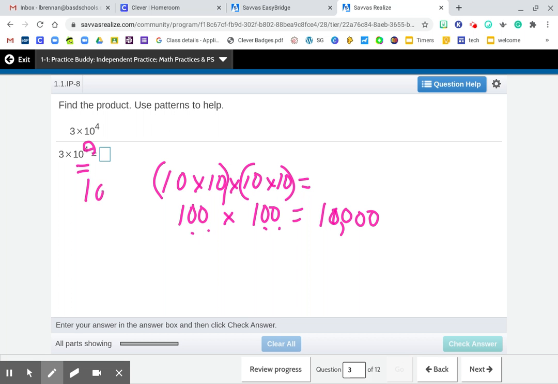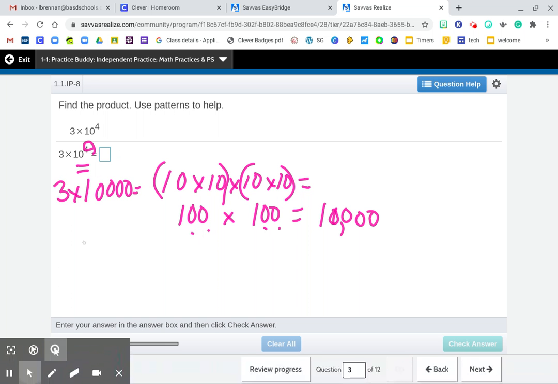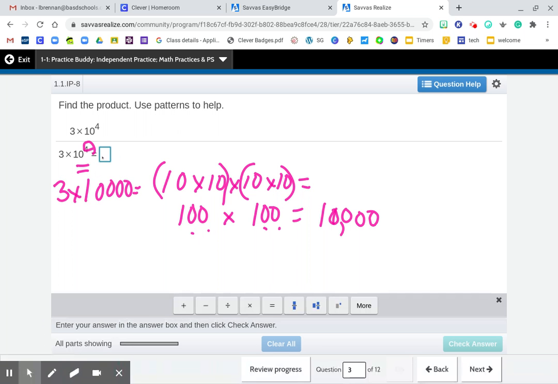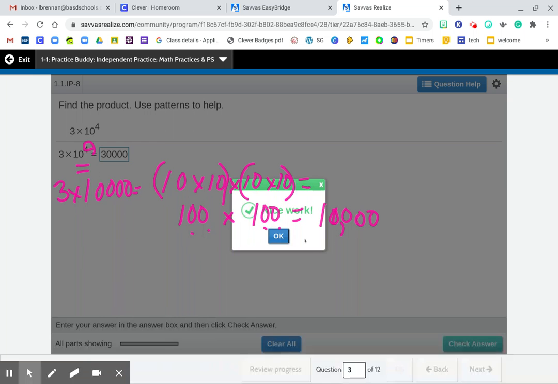So we can do it this way. 3 times 10,000. You can write it out, whatever you need to do. Just don't make the mistake of saying it's 40. That's what a lot of kids do in the beginning. So I want 4 zeros. 1, 2, 3, 4. Check my answer.